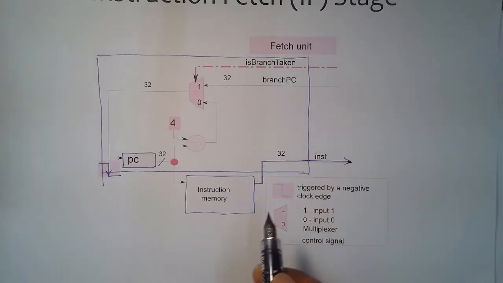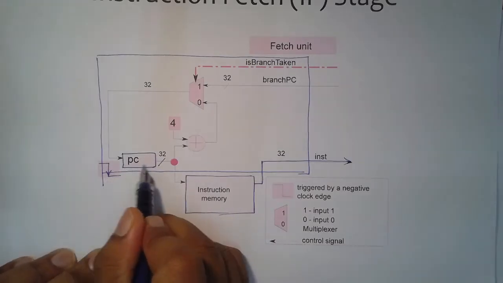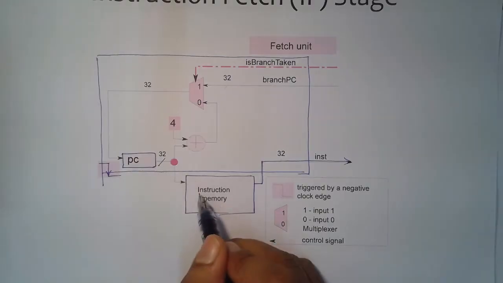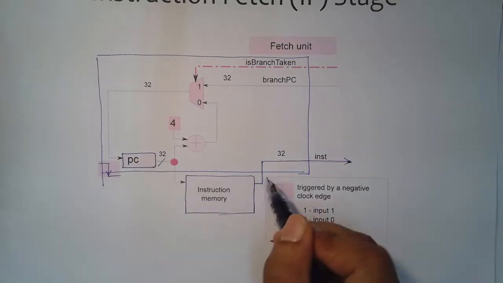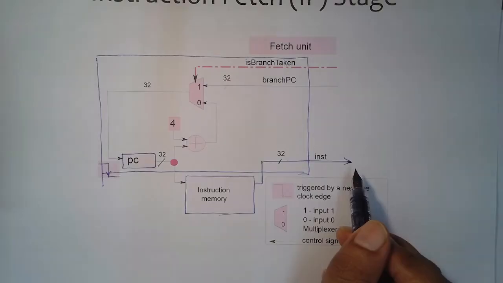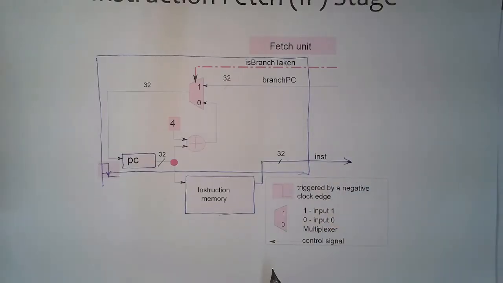So whenever the clock negative edge comes, I read the program counter, which indicates a particular location in the instruction memory from where I read the 32-bit instruction. That is one of the outputs of my instruction fetch stage.